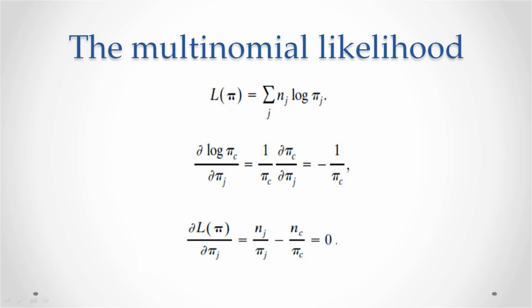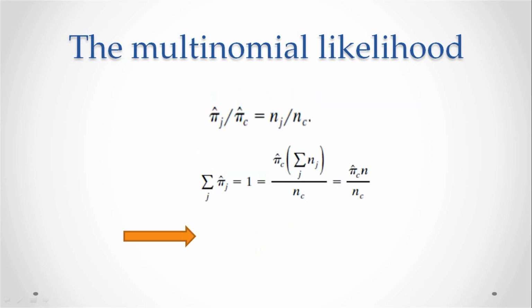To find the maximum likelihood estimators in this situation, note that del log pi c by del pi j is equal to 1 over pi c del c del j, equal to minus 1 over pi c. Thus, in vector form, del L(pi) by del pi j is equal to nj by pi j minus nc by pi c, equal to 0.